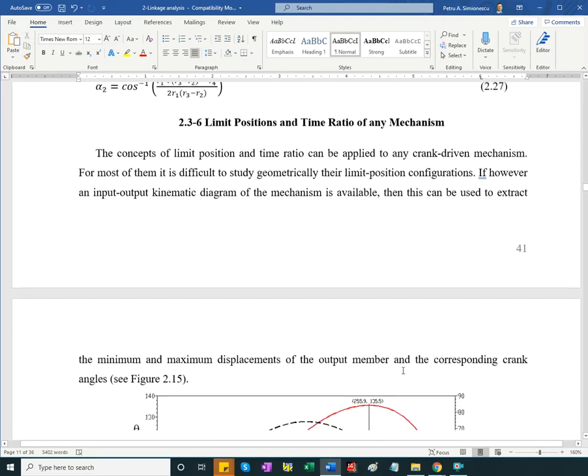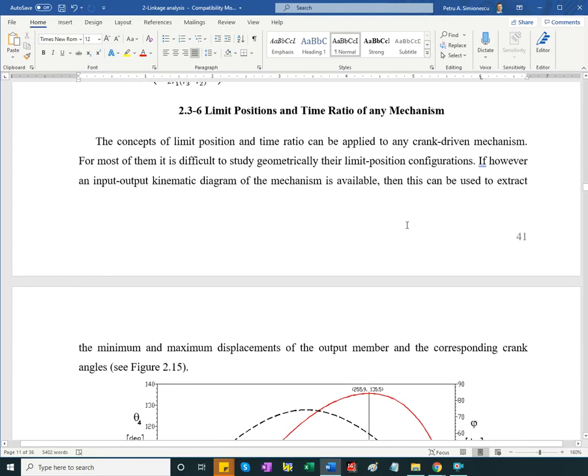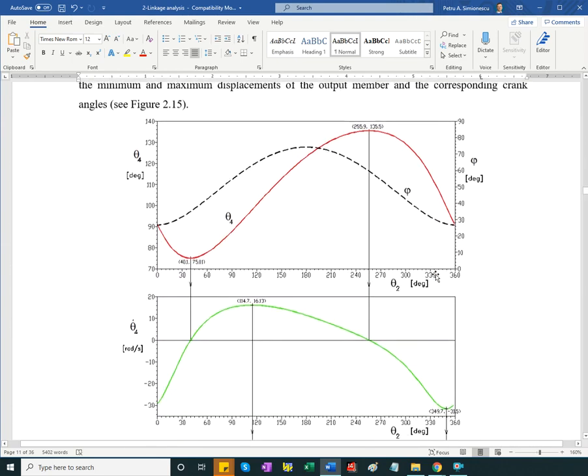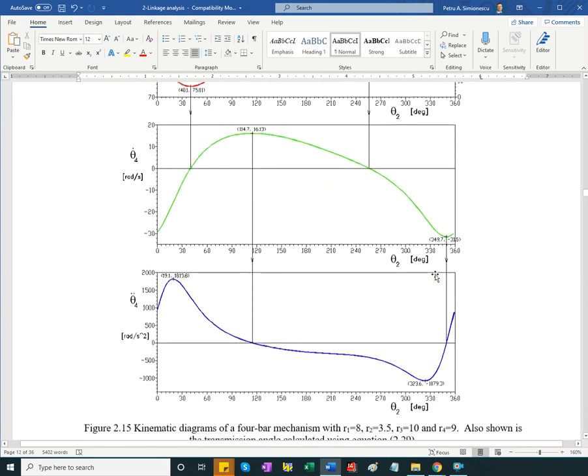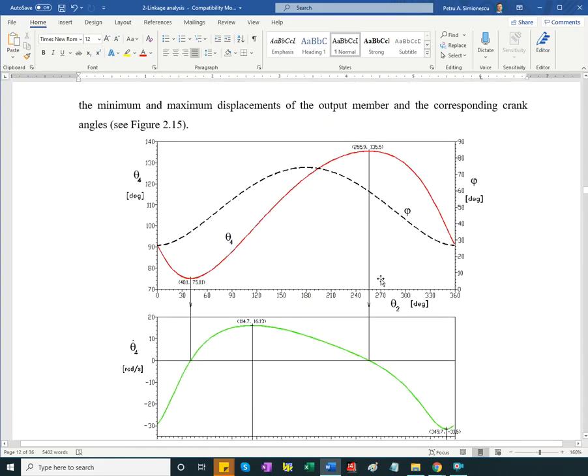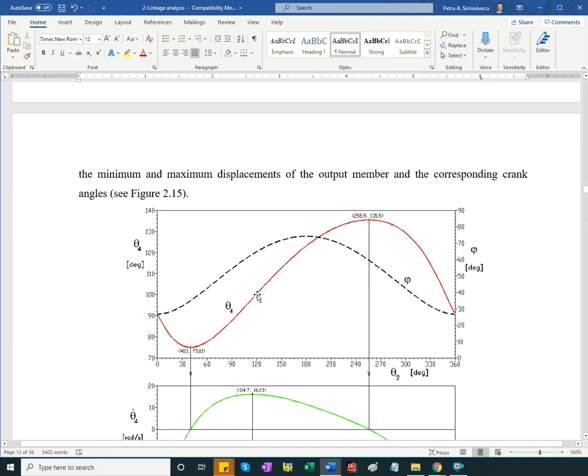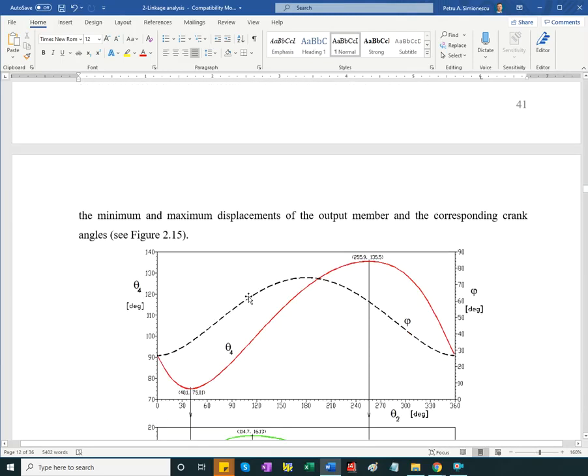In general, if we have a mechanism we can analyze, we can generate the input-output functions, and we have them here, shown in red, for a 4-bar. You're going to do this for Working Model 4.